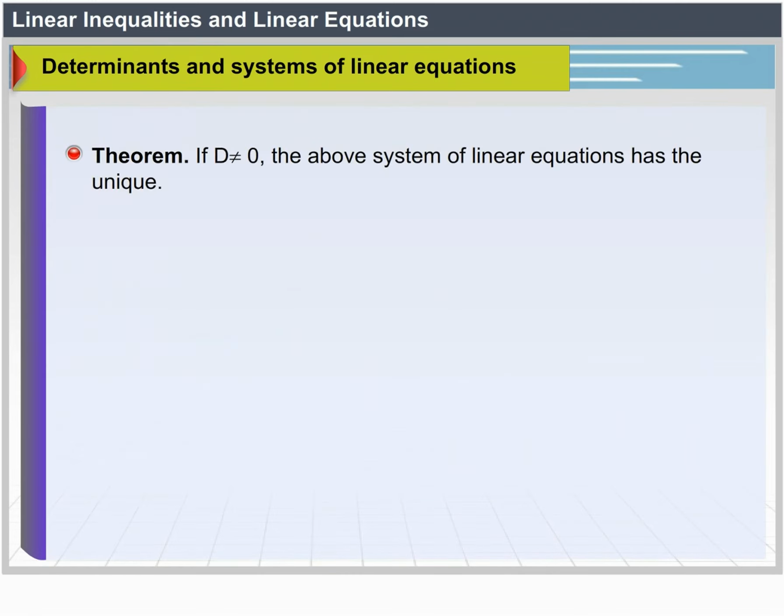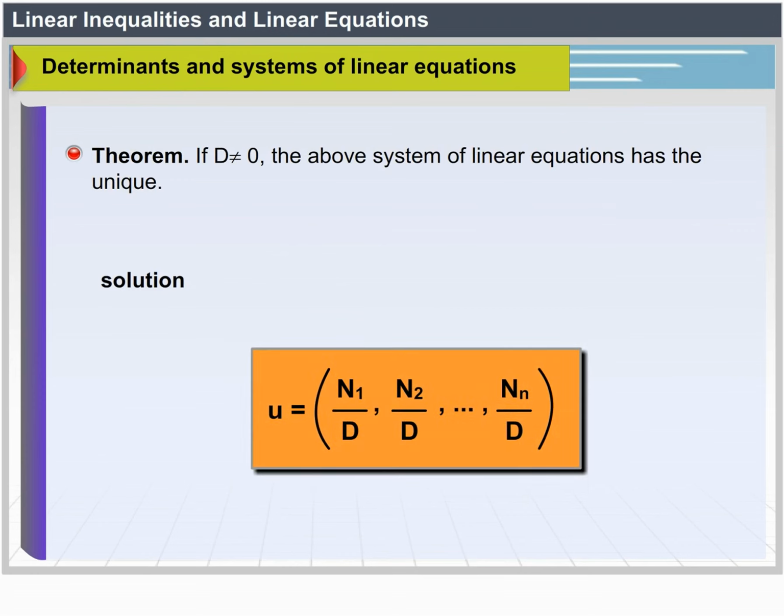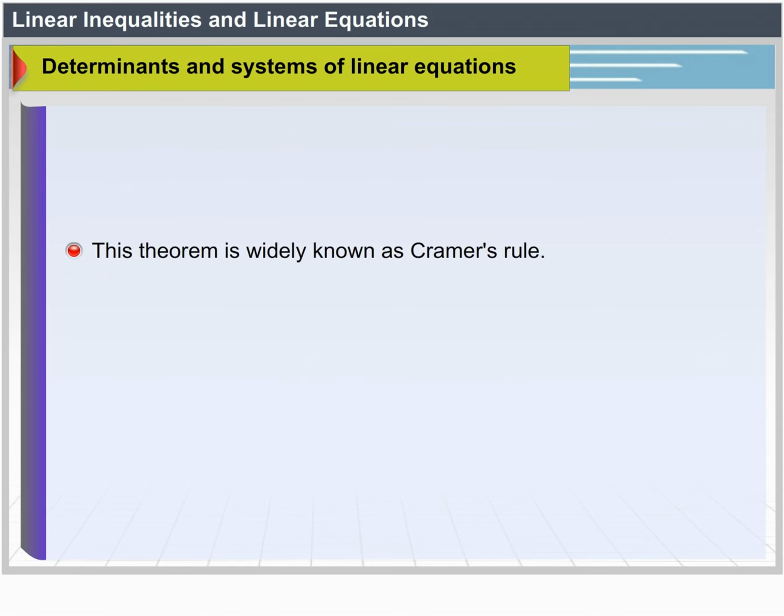Theorem: if D is not equal to 0, the above system of linear equations has the unique solution x1 equal to N1 by D, x2 equal to N2 by D, up to xn equal to Nn by D. This theorem is widely known as Cramer's rule.